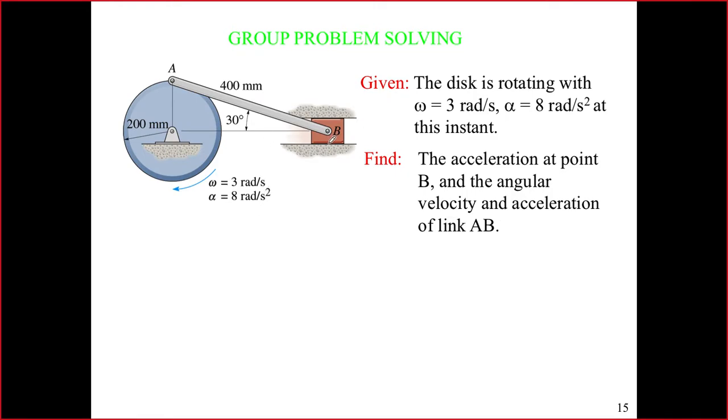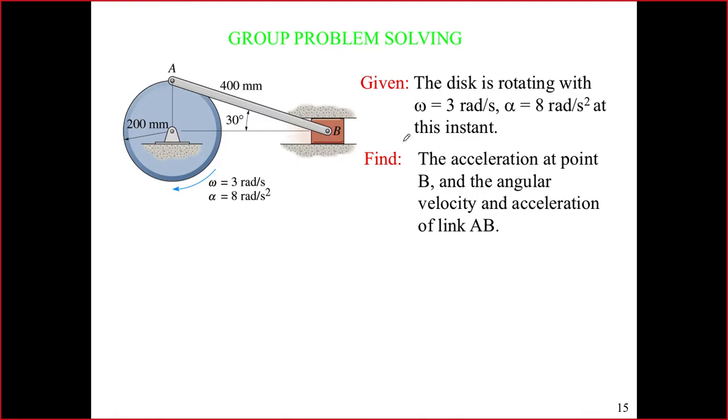Right, so we have again a mechanism, as we've been seeing, which is converting rotatory motion into this to and fro translation motion for this slider B. Of course, we were earlier doing velocity analysis of mechanisms. Now let's jump into looking at the acceleration parts of the mechanism that we looked at before.